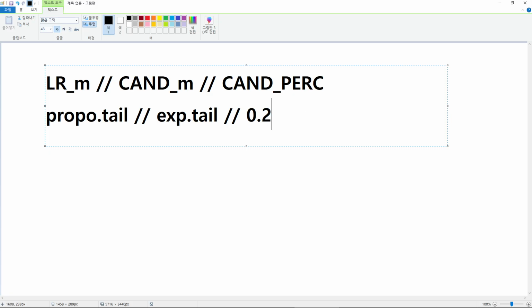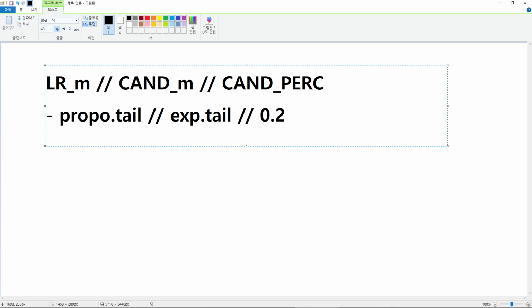The purpose of all that was to find a way to keep this setting, and the reason for wanting to keep this setting is that I don't want to have to use a setting where I have to raise the candidate percentage to anything close to or above 0.5. So keeping it to 0.2 is a move in the direction that I want.